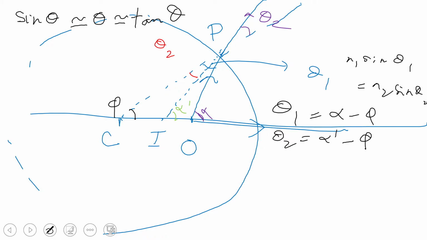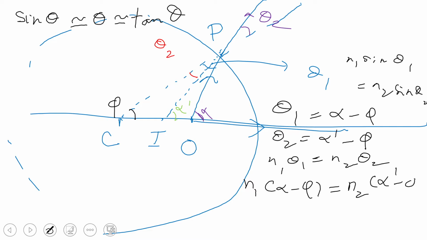So using the small angle approximation, I can write n1 theta 1 is equal to n2 theta 2, or n1 times alpha minus phi is equal to n2 times alpha prime minus phi. Now I am going to make the approximation that alpha is tan alpha and phi is tan phi.